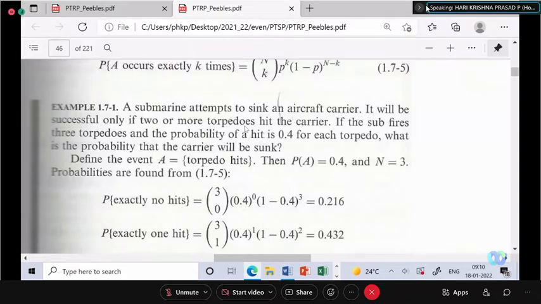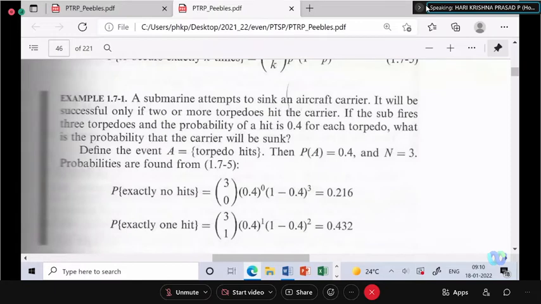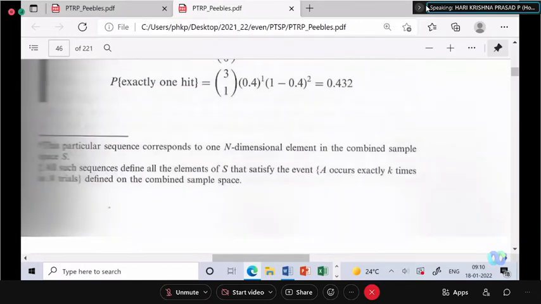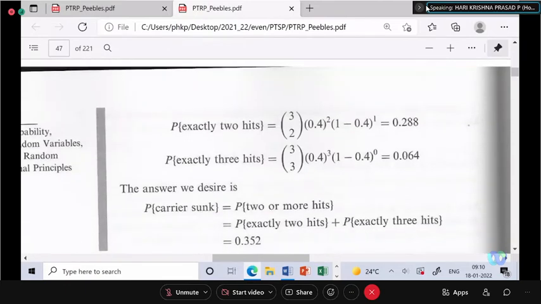Earlier I thought only 2 hits, the aircraft can be sunk, right? It is 2 or more, minimum 2. Okay. Beyond that is also recommended. I hope the concept is clear. So exactly no hits, exactly one hit is out of curiosity. But two hits, three hits, and so on, they are more practical.